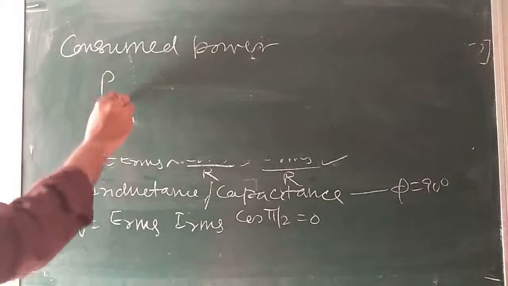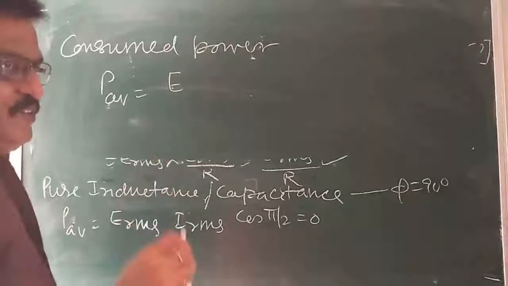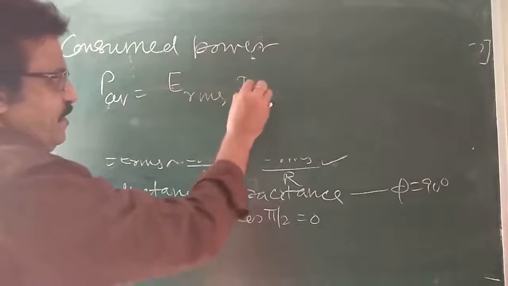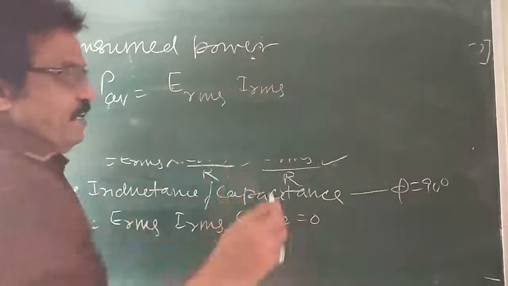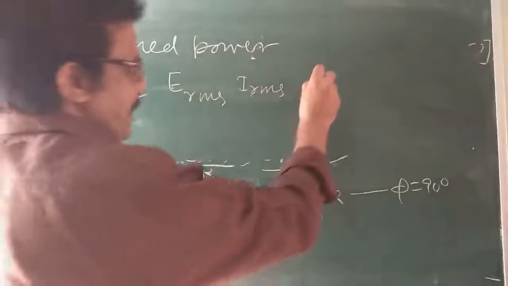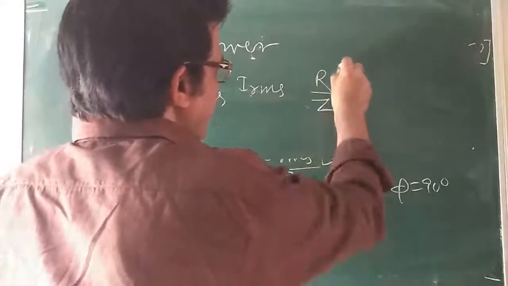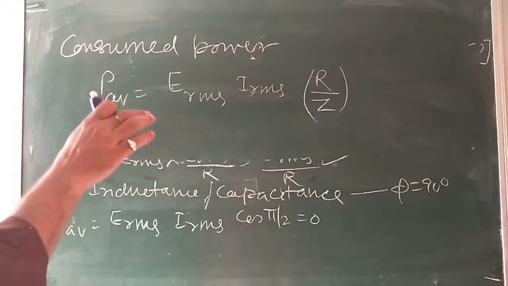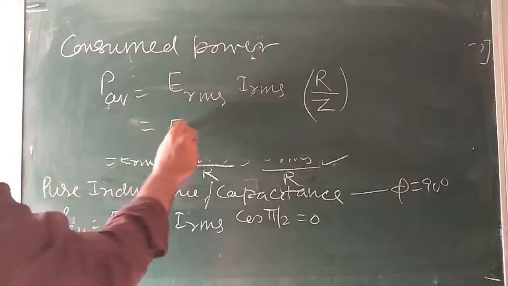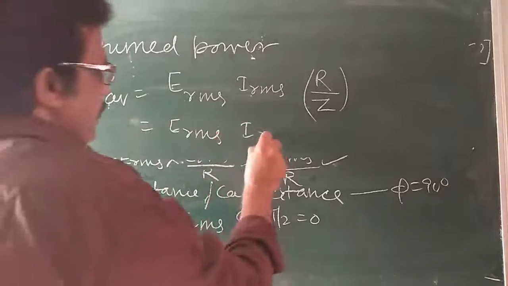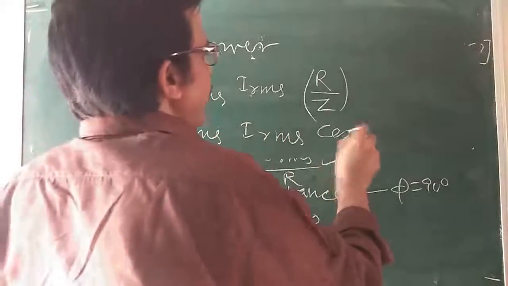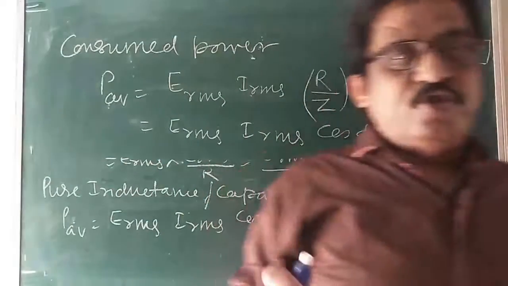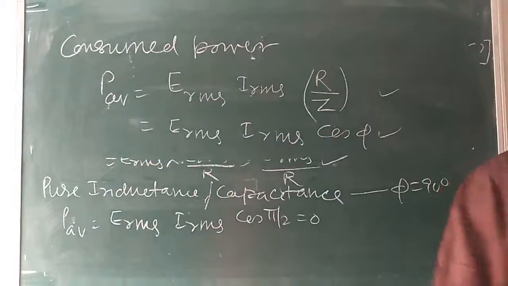P average is equal to ERMS, IRMS, and cos phi, that is power factor, and that is equal to R by Z. So either ERMS, IRMS, and cos phi, or R by Z, both formulas may be used from the numerical point of view.